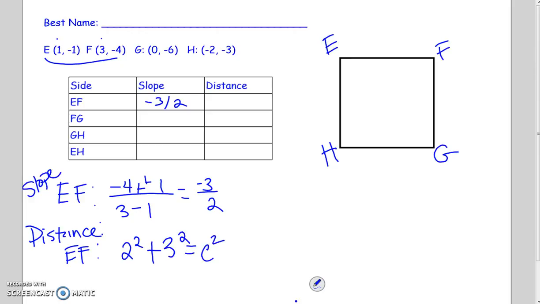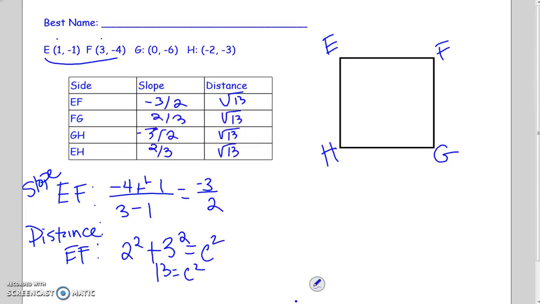When I simplify this, I get 13, so I can just put square root of 13. You could also write it as a decimal for this instance. I'm not going to hold you accountable for exact form on these. I'm just looking for either exact form or that. You just want to be able to tell when you have the same distance. Now you pause this and try to find the other measures and check it in a second to see if you get the right answers.